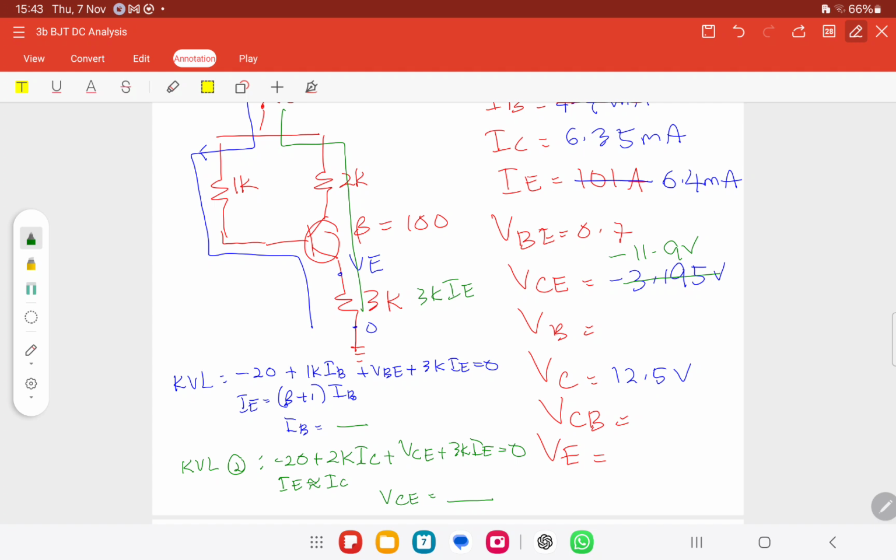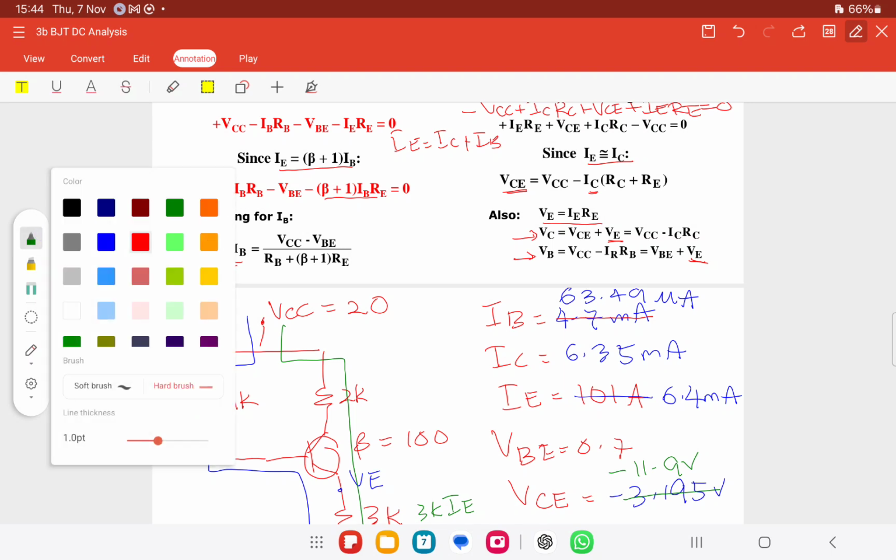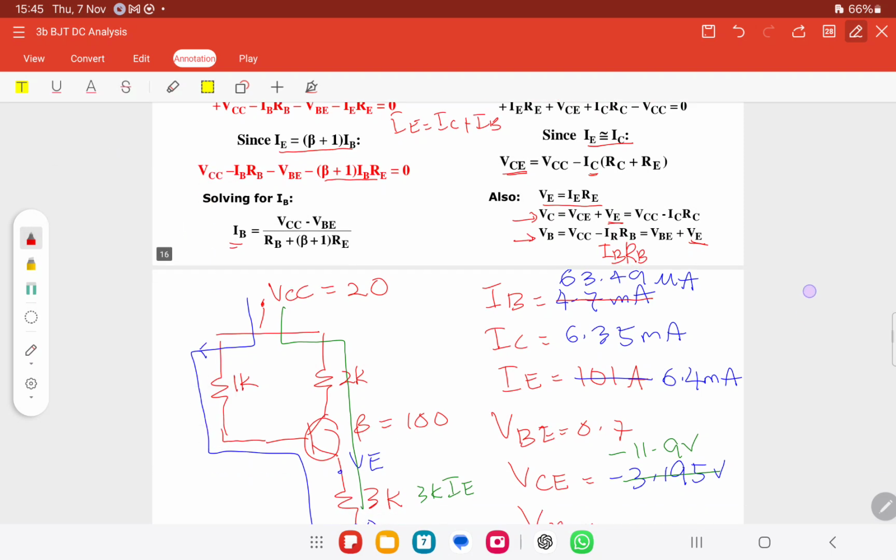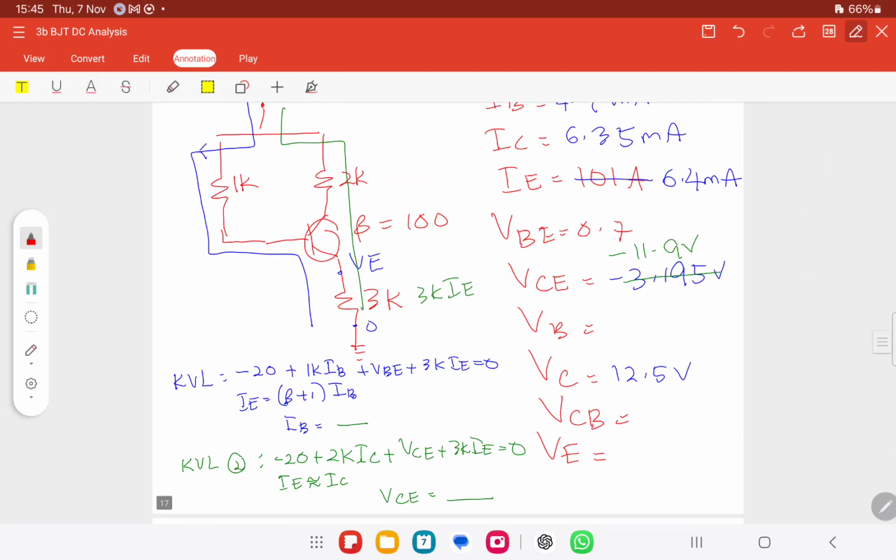Ya? This is IB. IB RB. Okey. Yang ni siapa lagi boleh bagi jawapan the value? 19.